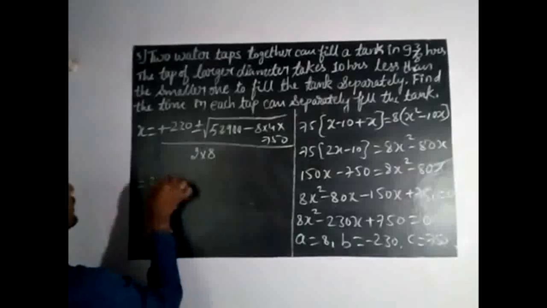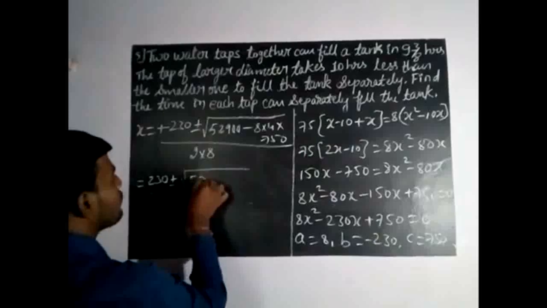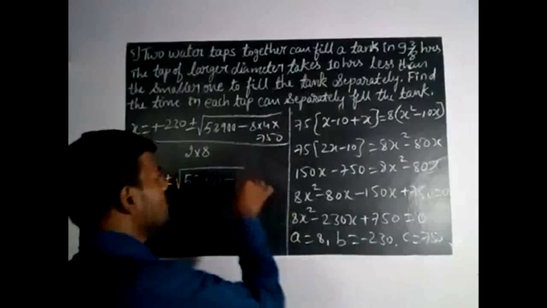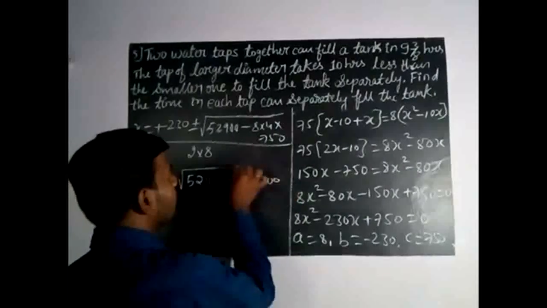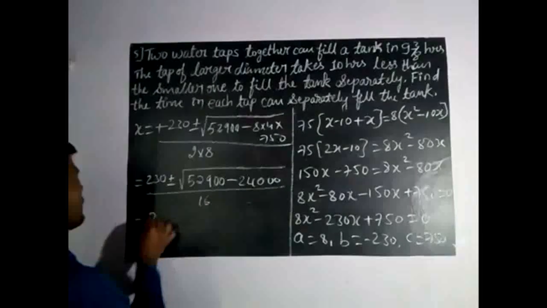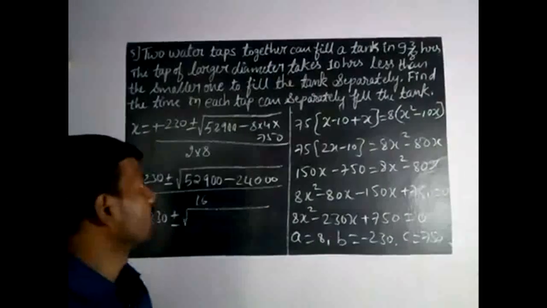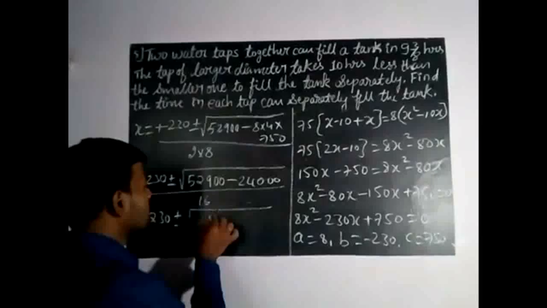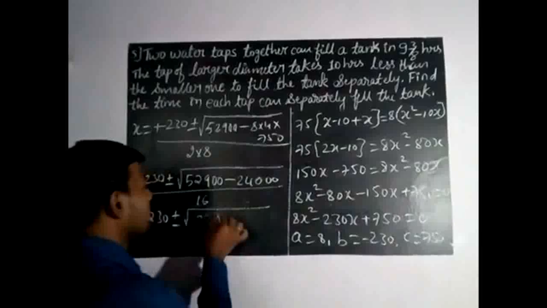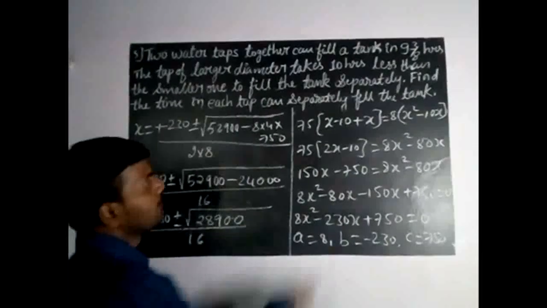Then 230 plus or minus root 52,900, and here 8 into 4 into 750 becomes 24,000, divided by 16. Now simplify it. 230 plus or minus root, what does it become? It becomes 28,900, all divided by 16. Now simplify it again. What will we have?